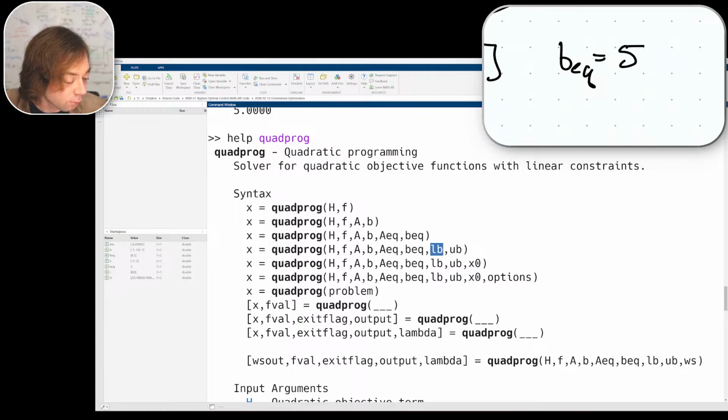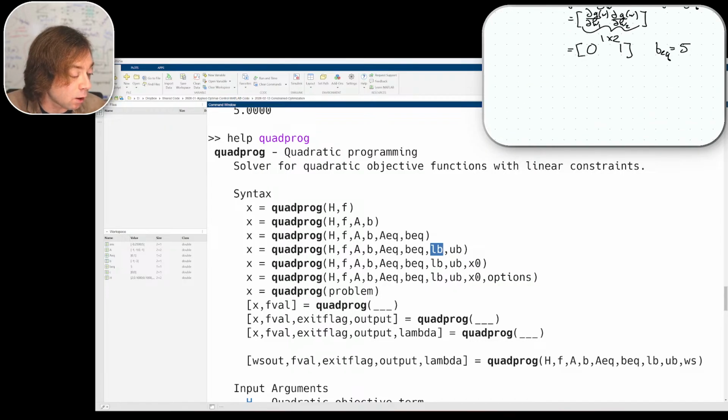So for instance, if we go back to our original problem, back to our original constraints.